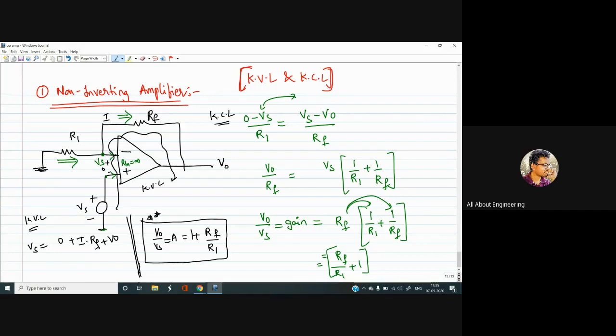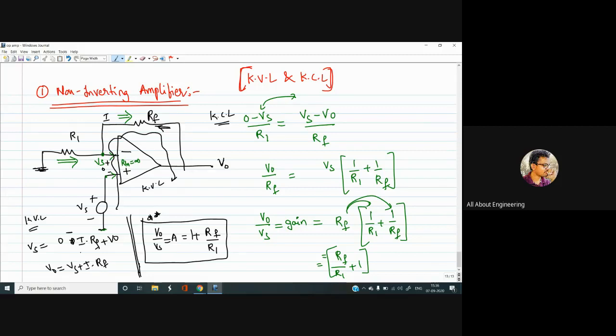It is not possible to go through ground, right? So the current direction would usually be like this. Then it would be minus I into RF. You got my point, right? Now if you solve this equation, V0 equal to Vs plus I into RF. This is one equation.